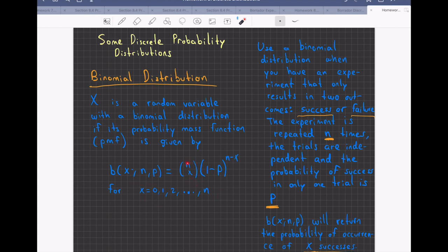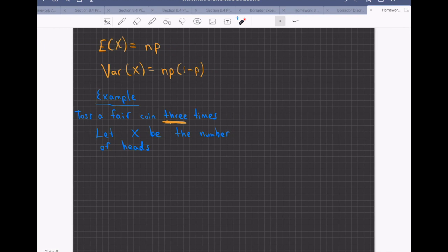So here we need to identify n and p. In this case, n is equal to 3 times, and p, the probability of success in only one trial, I mean, when you make only one toss, since we have a fair coin, is 0.50.